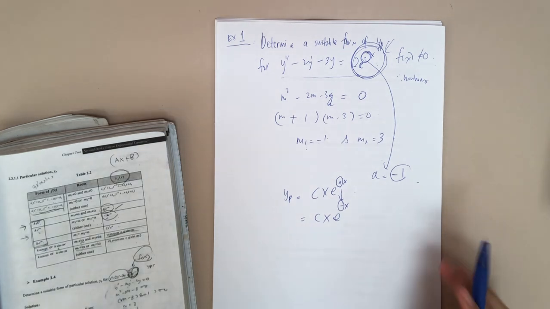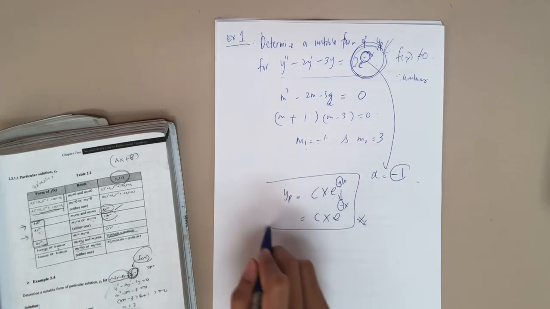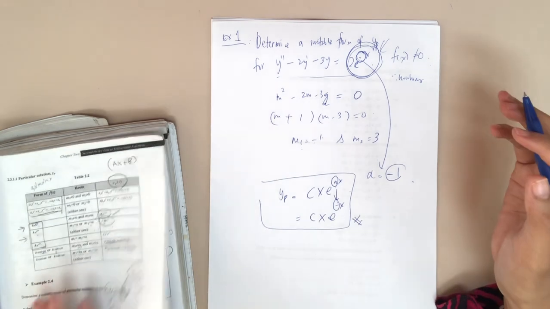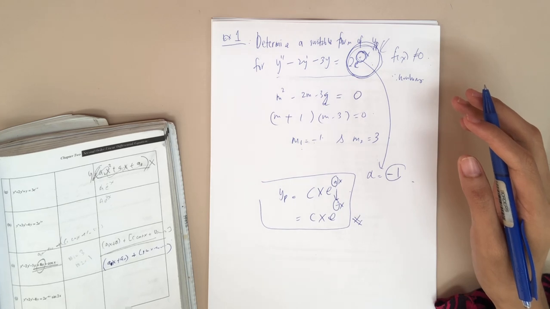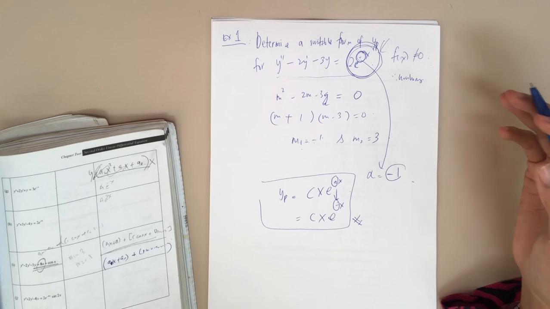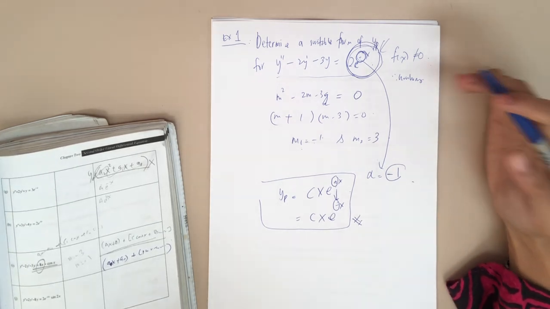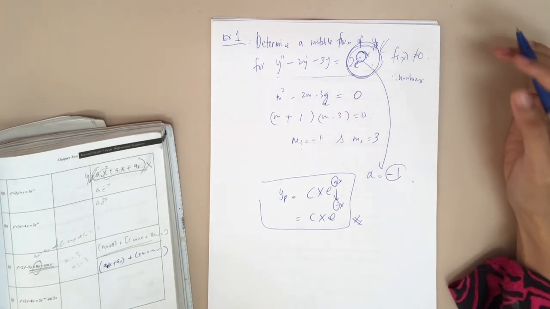So we will stop here, because the question only asks you to find YP. I will give you another example on how to choose YP. I think that's the basic problem for you for now. So I will proceed on the next video.